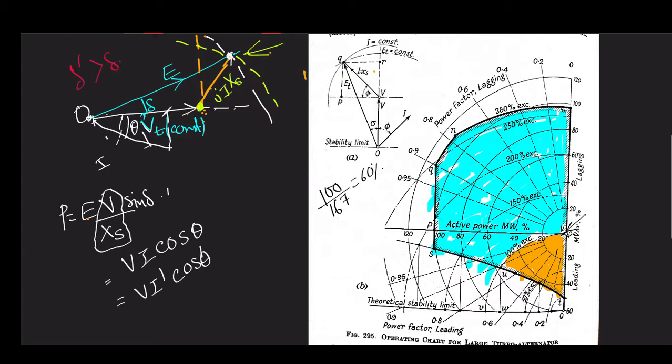Taking 100% of your megawatt as the maximum allowable power, you can draw a vertical line; this line is given by your prime mover.